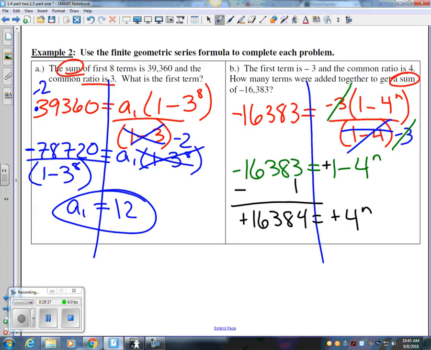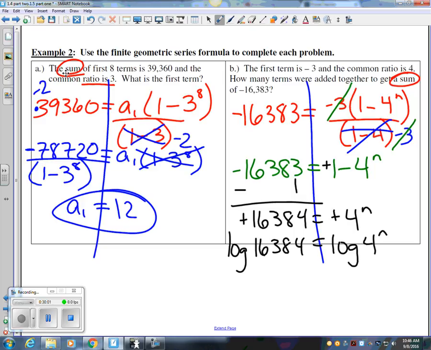Okay, where's n? It's in the exponent, so you have to take the log. So log of 16384 equals log 4 to the n. Charlie, what can I do with that n now? Where can it go?